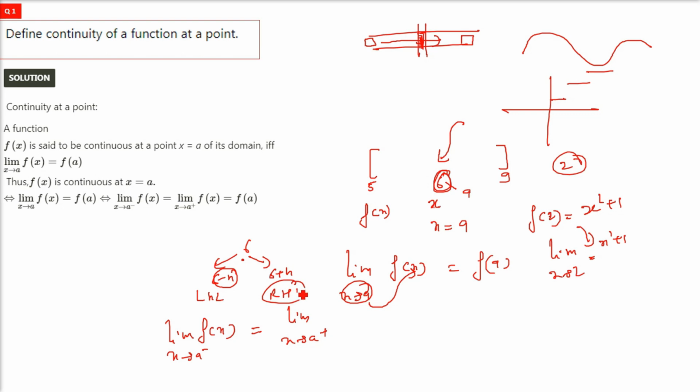Both the left hand limit and right hand limit must be equal, and equal to the value of the function at A. That is, the value of the function at A should be equal to the limit, and that defines the continuity of a function at that point.